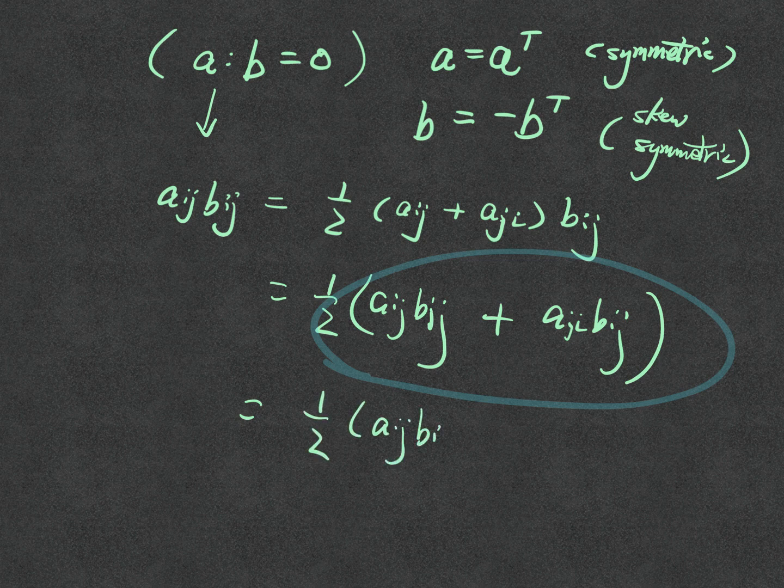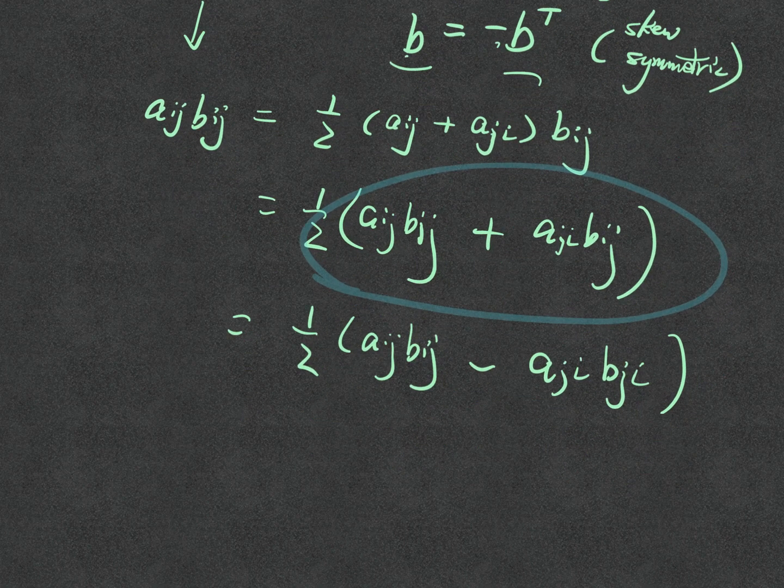So if I want to re-express it, I can take a transpose of B and I will get Aji Bji. Okay, but instead of a positive sign, I have a negative sign, and these two physical quantities, even though I purposely write them with reversed indices, are actually the same thing.